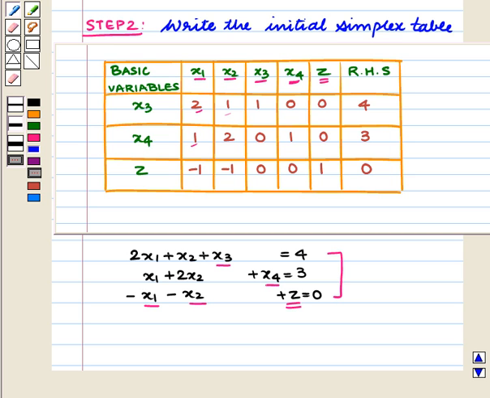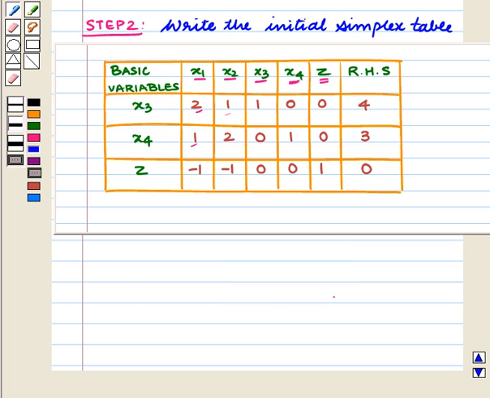And on the RHS, that is the right hand side, we have 4, 3 and 0. So now we have written all these terms in the form of a table.